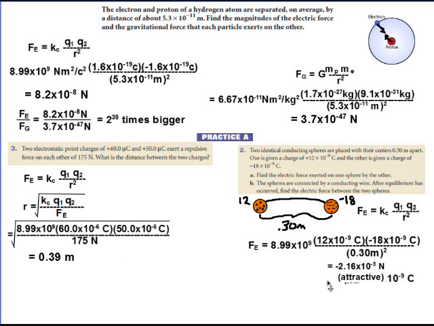Now what I'd like to do first is determine the total charge. If I add these two up, I'll see that I have a negative 6 times 10 to the negative 9 coulombs of total charge. So this has more charge than that by negative 6 times 10 to the negative 9 coulombs.